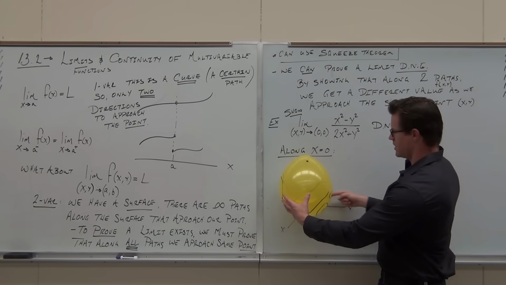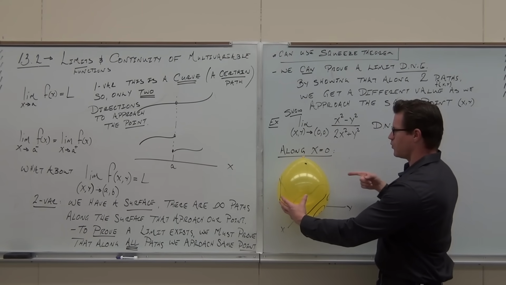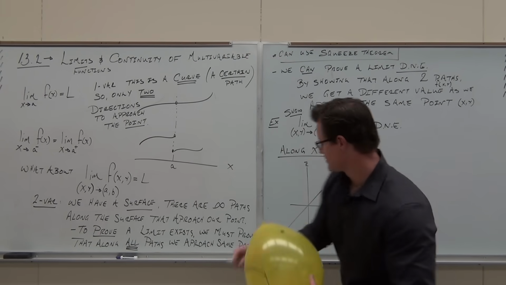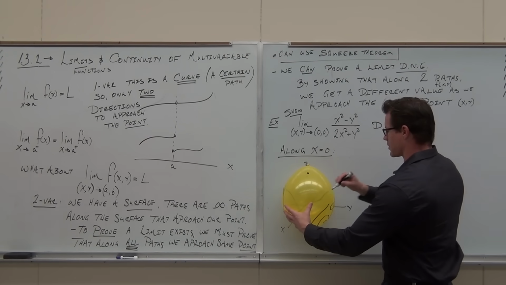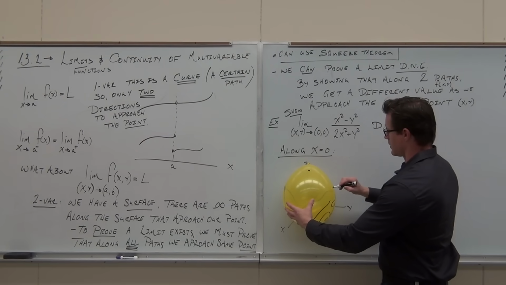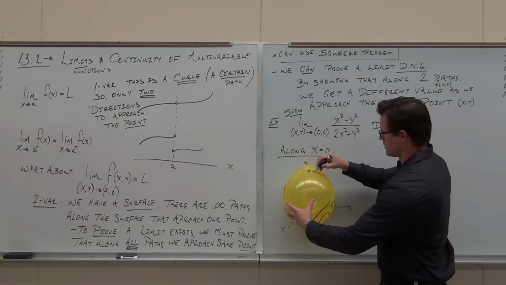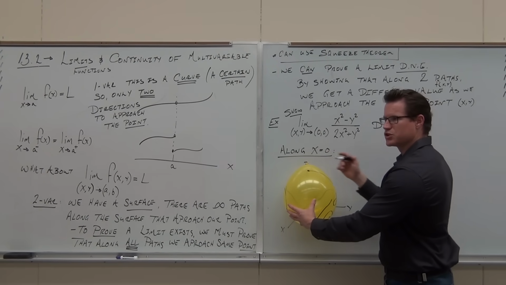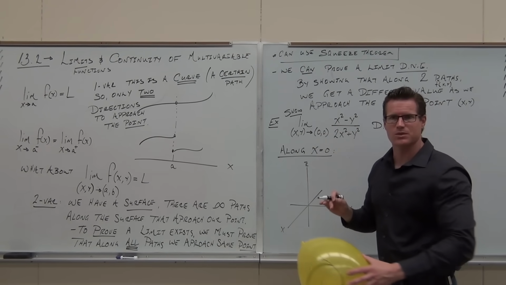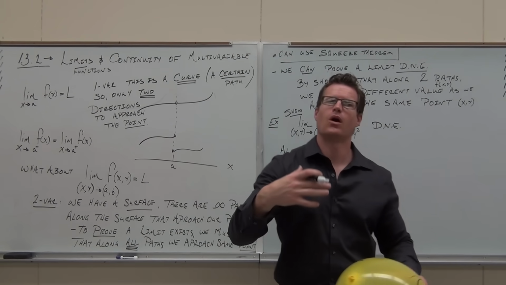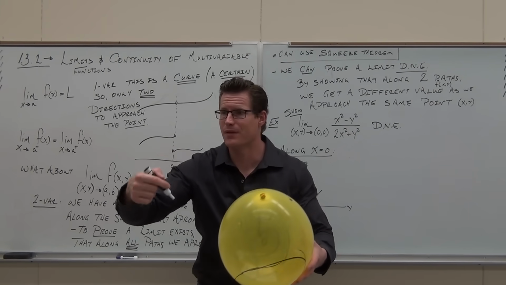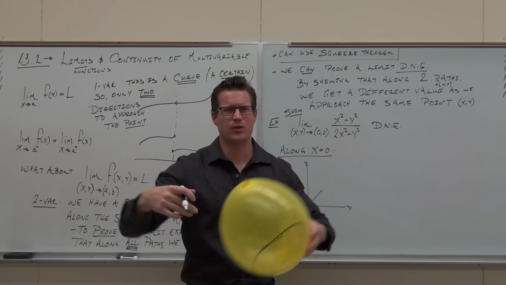Here's the function value, but only along the y direction. So this would be the curve that's doing this. I'm going to take the path where x is 0, right along just the y direction, just right over or under the y-axis. Do you guys get what I'm talking about? What about the z? The z is the height. I don't have to worry about that. That's a dependent variable. I'm only worried about the independent ones.